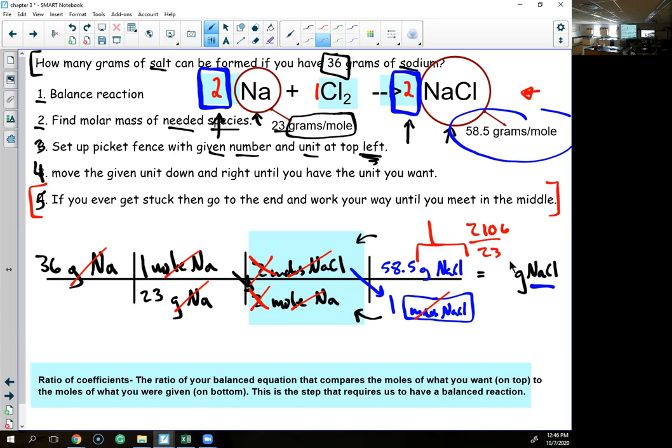Oh my gosh, I got the answer right. 91.6? Well, 91.56521714. According to my significant figures, I should have just stopped at 91. Or do you round? Yeah, round to 92. Thanks.